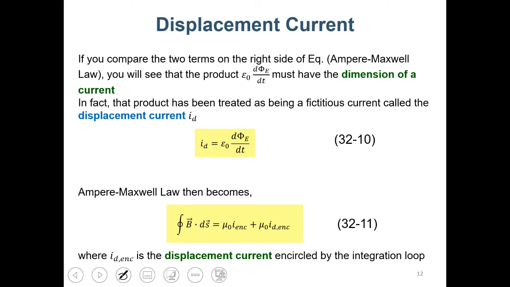So if you compare the two terms on the right side of the Ampere-Maxwell law, you see that the product epsilon naught d phi E dt must have a dimension of a current. In fact, that product has been treated as a fictitious current called the displacement current, ID.